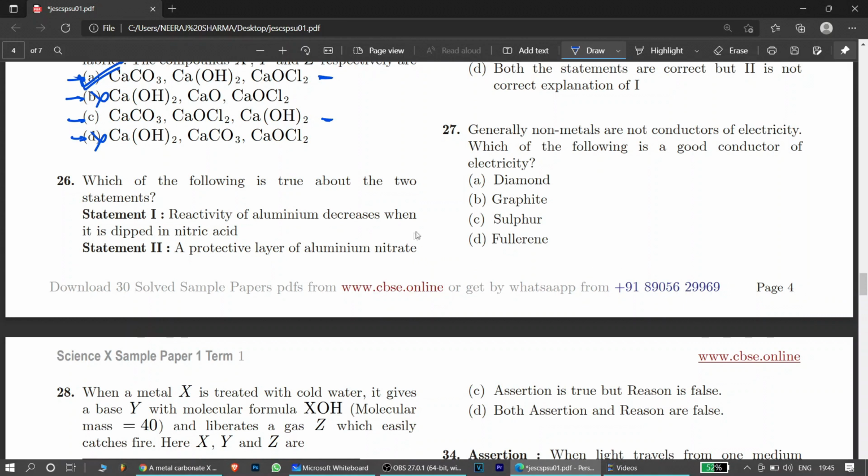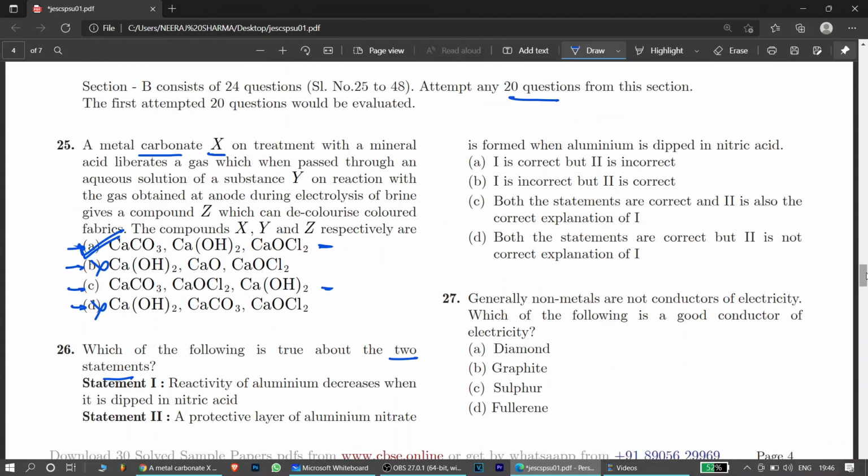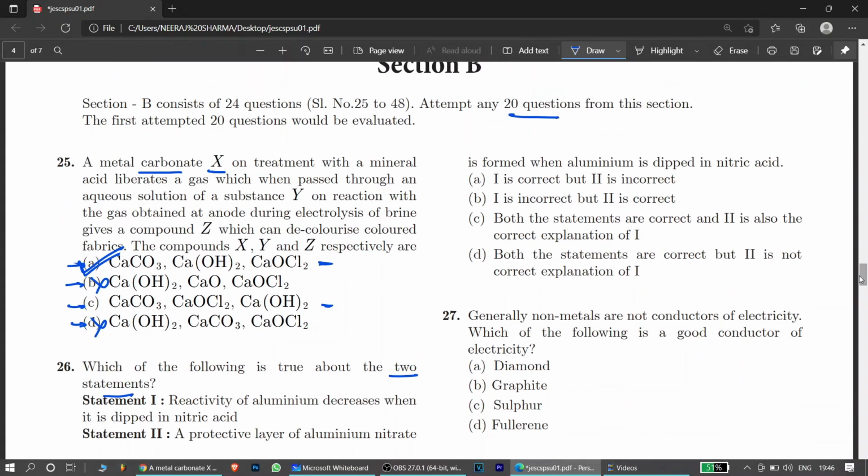Now coming to question number 26. Which of the following is true about the two statements? First statement: the reactivity of aluminium decreases when it is dipped in nitric acid. Second: a protective layer of aluminium nitrate is formed when aluminium is dipped in nitric acid. So what do you think? You have to see the correct option.